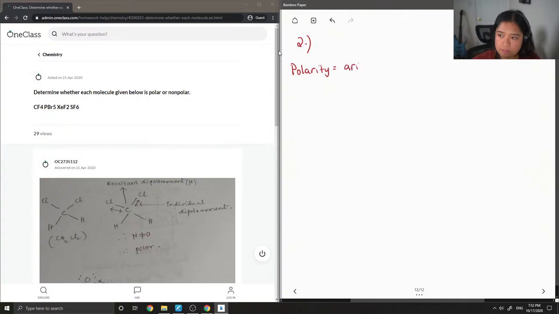Polarity arises due to the separation of electric charge, which leads to dipole moments.